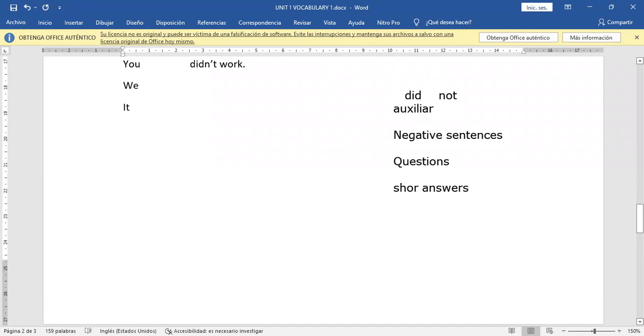He didn't work. Okay. What about questions? How can we organize questions? Yes, no questions. Do you remember? Yes, no questions. What do you need? The structure: you need the auxiliary did plus the subject plus the verb in the base form plus the object if it's necessary, and a question mark, of course.